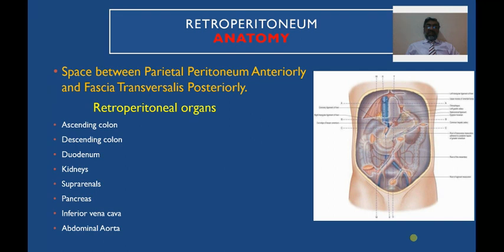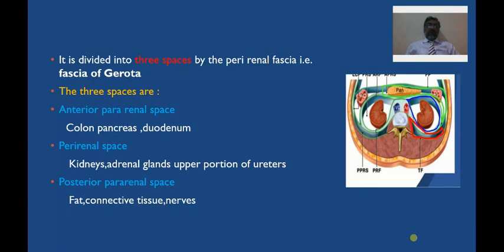So the retroperitoneum is a space between the parietal peritoneum anteriorly and the fascia transversalis posteriorly. The retroperitoneal organs are the ascending colon, descending colon, duodenum, kidneys, suprarenals, pancreas, inferior vena cava, and abdominal aorta. How can we divide this? This retroperitoneal space is divided into three spaces by the perirenal fascia, which is called the fascia of Gerota.